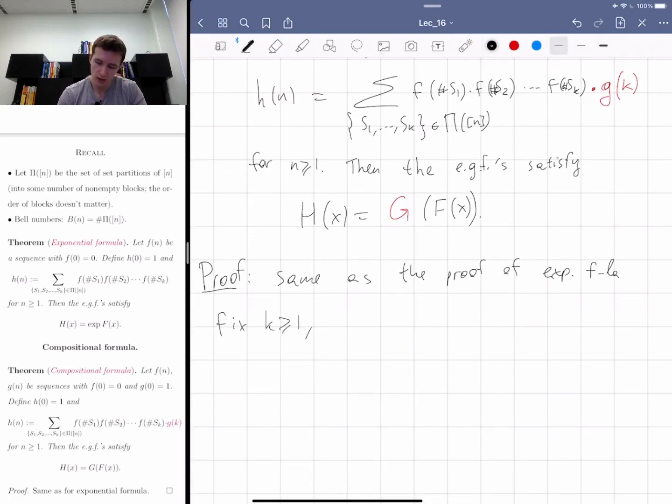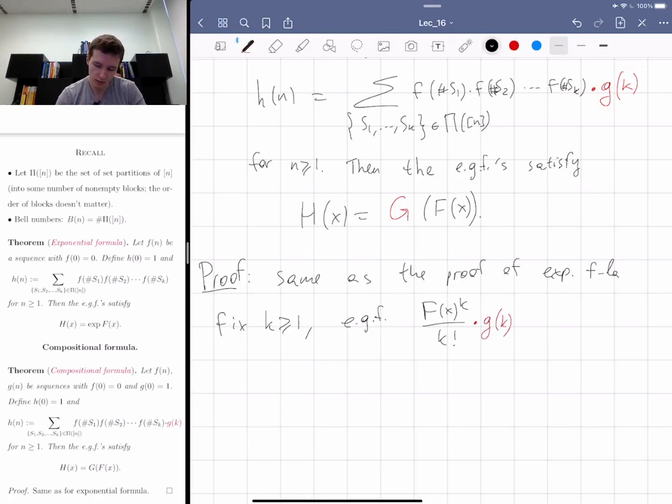then for the case of the exponential formula, the generating function was given by f of x to the k over k factorial. But now, because we multiply, g of k is going to be constant. It depends only on the number of blocks. So it's going to be multiplied by g of k this time.